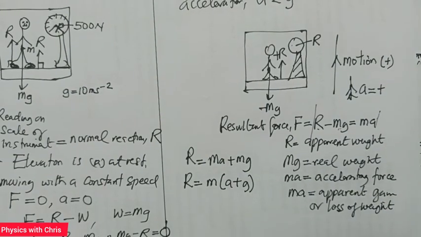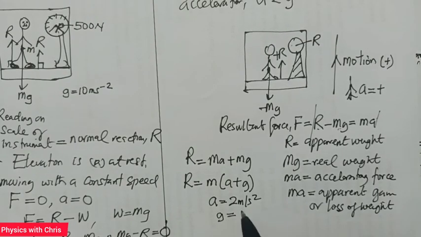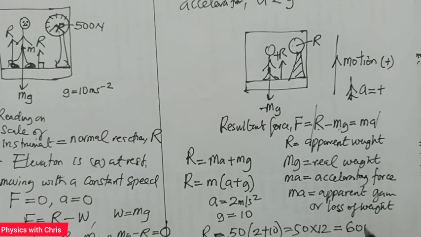So if the boy's mass again is 50 kg and the acceleration is 2 meters per second squared in the upward direction, and we take g as 10, the reading displayed by the instrument is 50 into (2 plus 10), that gives 50 times 12, that gives 600 Newton.